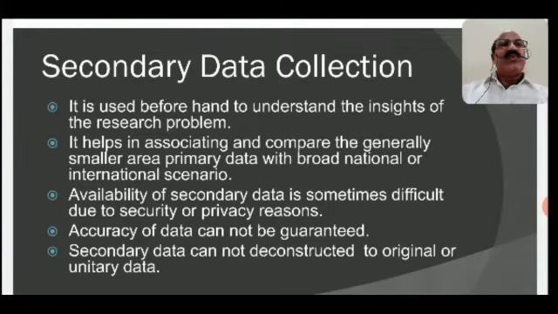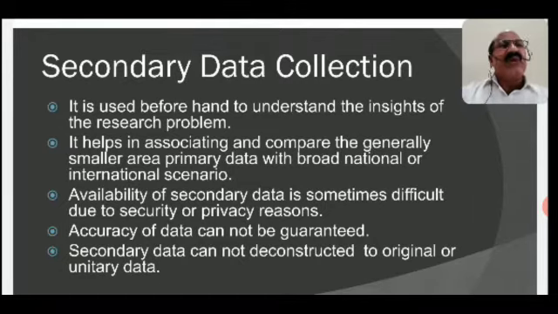You never know how it was collected, or what the constraints or limitations of the data collection were. Then, secondary data cannot be deconstructed to original or unitary data. Say, why do we call census data secondary data? Because it is condensed to village level.